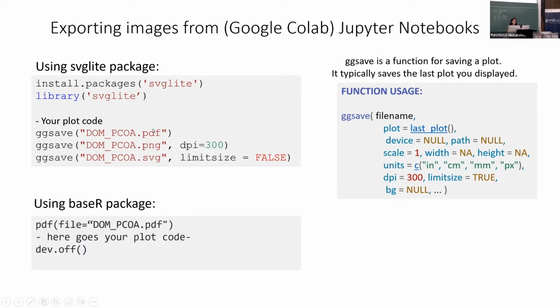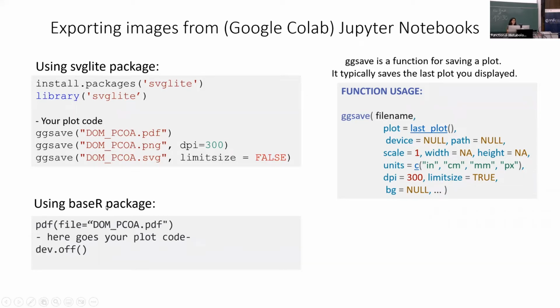You can save them in any format like PDF, PNG, SVG. Especially if it's raster images, you can also define the resolution, which is dots per inch.